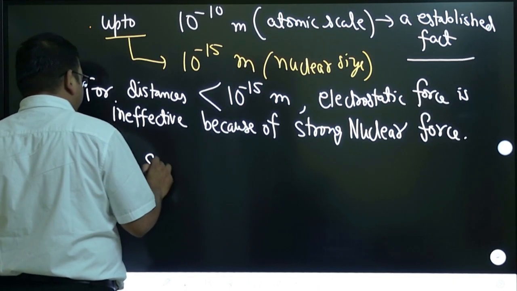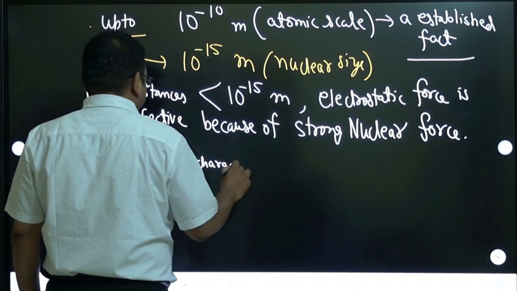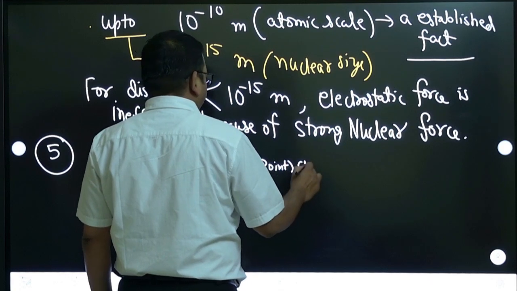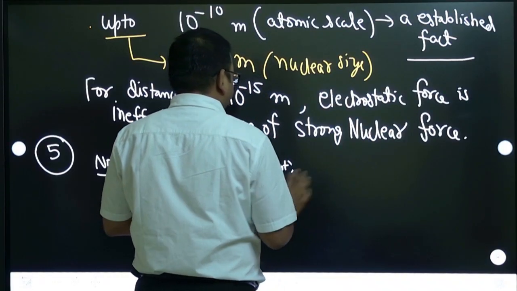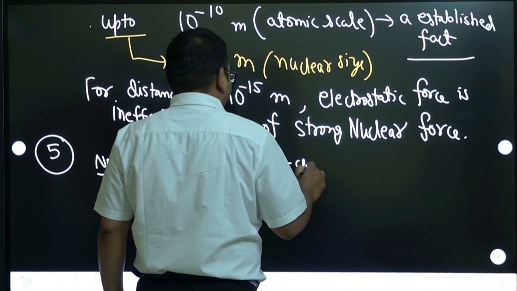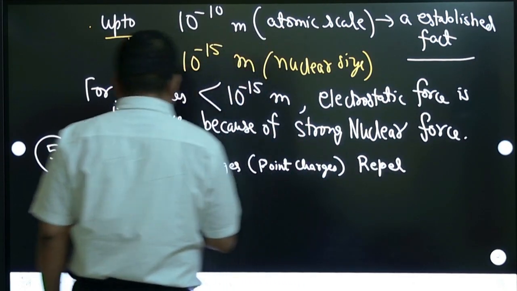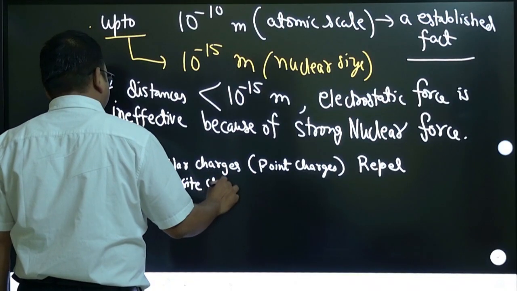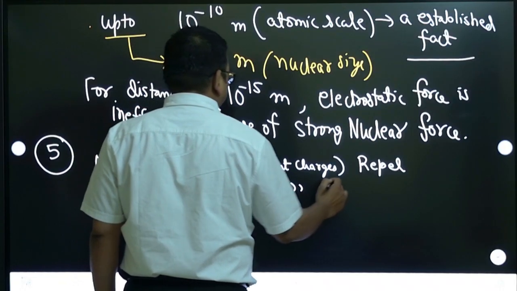Similar charges mean point charges. Similar point charges repel, and opposite point charges attract.